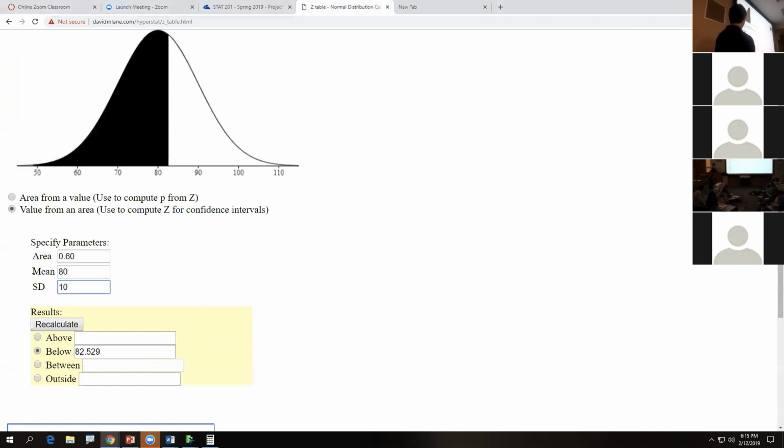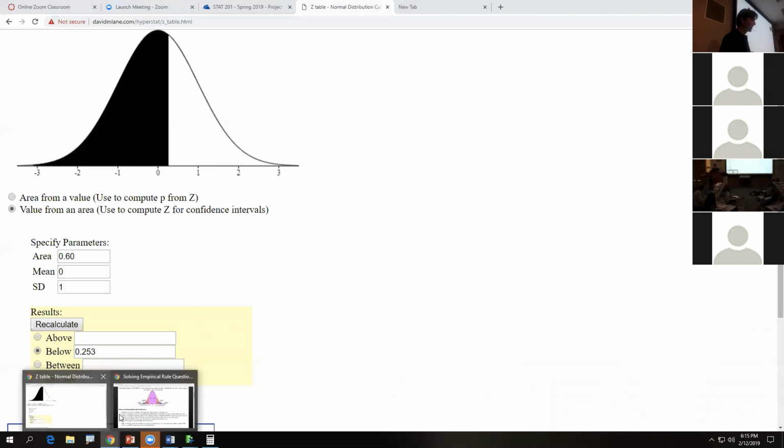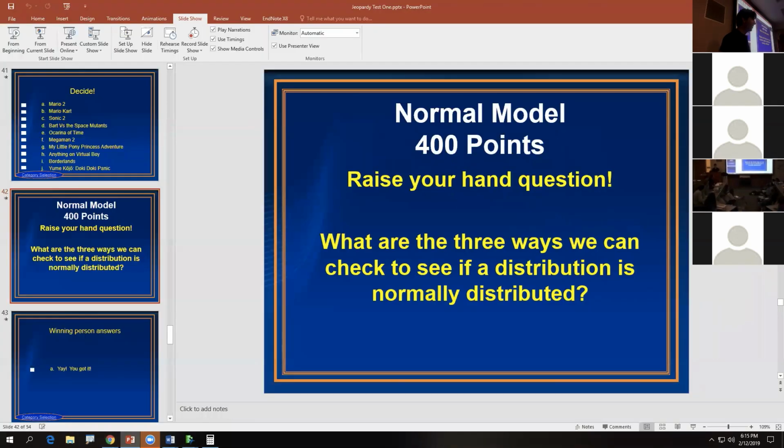Wait, no, it's like between. Where is it between on the z-scores? Wait, which question? I'm so sorry, everybody. It was between. I'm so confused with this. The 20th percentile. Okay, wait.